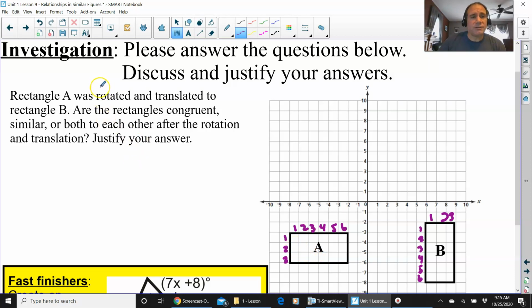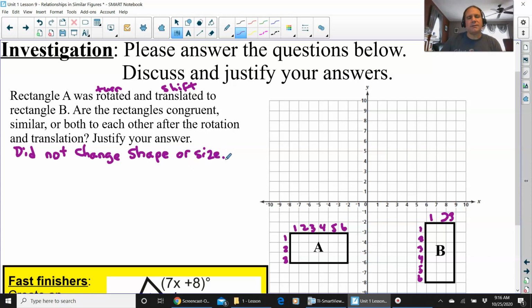So the rotation is a turn, and translation is a shift or a movement to the rectangles, right? So I'm going to put down did not change shape or size.